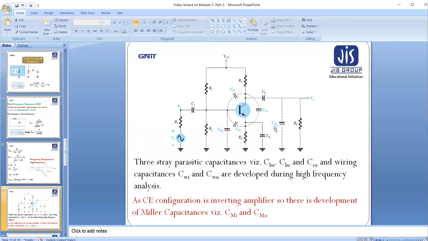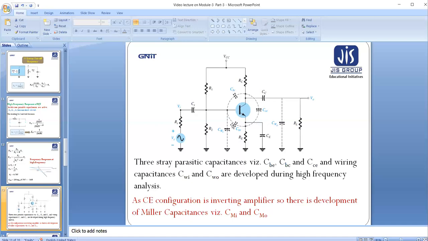Now let us explain the different types of capacitor. The CWi is called the input wiring capacitor. W stands for wiring. Due to the leads, electrical wires and copper wires are connected, so automatically a capacitor is developed. Similarly, CWo is the output wiring capacitance.